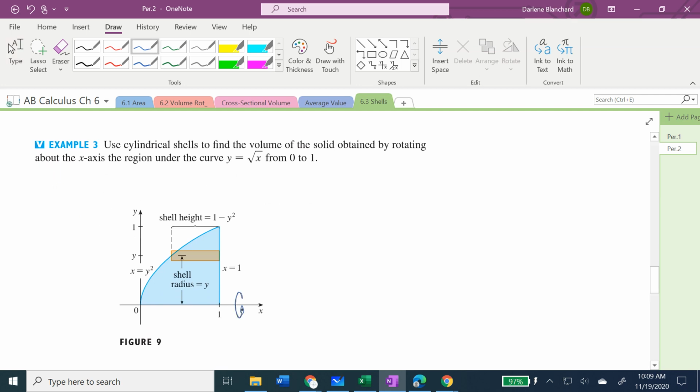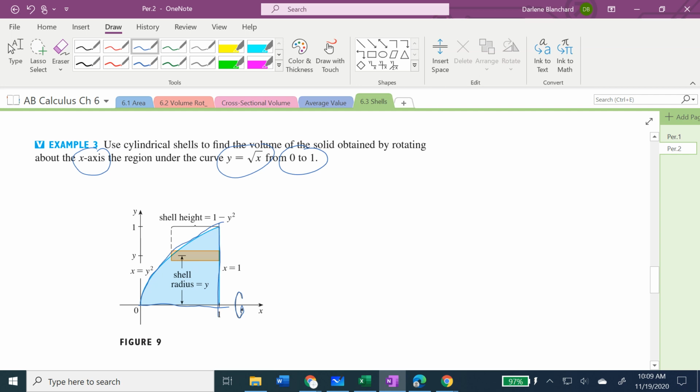So rotating about the x-axis, we have a region formed by y equals the square root of x, also bounded by the x-axis, and then it says from x equals 0 to 1. So we get that region.